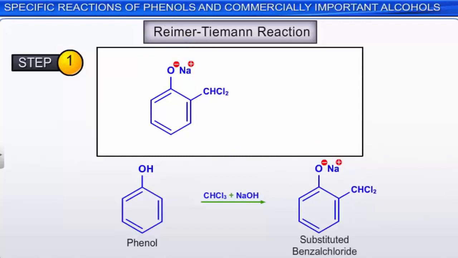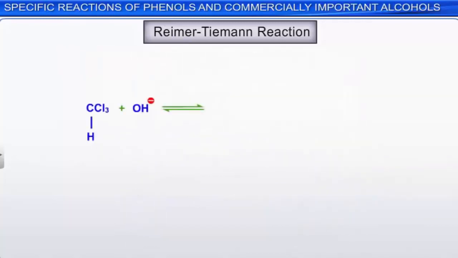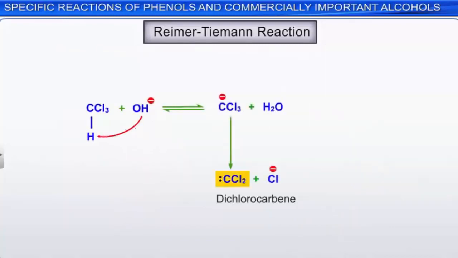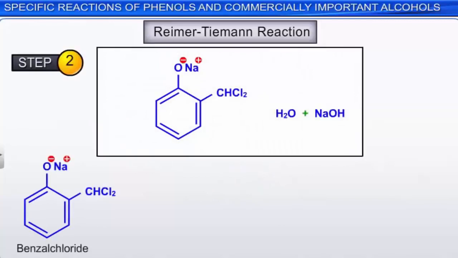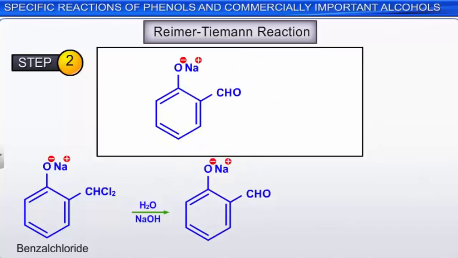Note that, in this reaction, chloroform reacts with sodium hydroxide to form dichlorocarbene, which is a neutral electrophile. The second step is hydrolysis of the substituted benzyl chloride intermediate in basic conditions, followed by acidification, which forms salicylaldehyde.